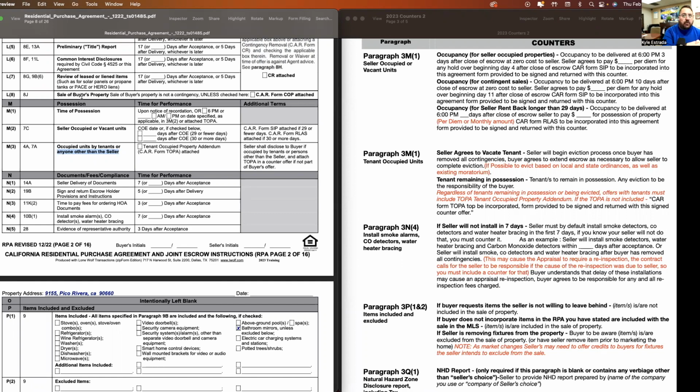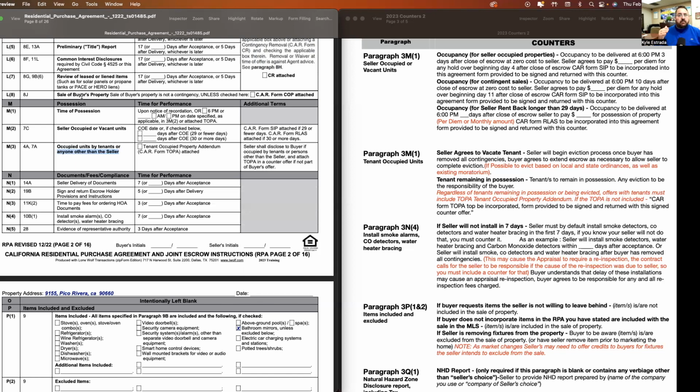Now, if I'm writing an offer on a property that has tenants, whether single family or multiple units, and I'm using this form, whether those tenants are remaining in possession or will be vacant prior to close of escrow, I have to include the tenant occupied property addendum with my offer.